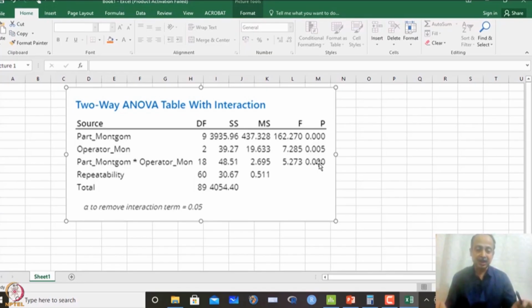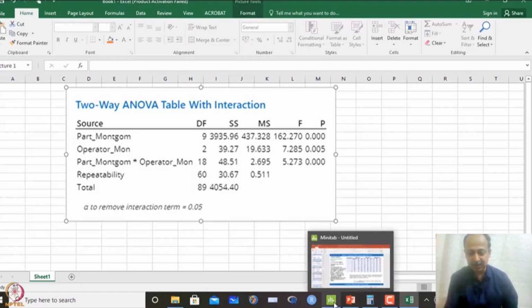Whenever it is less than 0.05, we are concerned about that, but if it is more than 0.05, that is a favorable situation. Similarly, operator p value more than 0.05 is a favorable situation. So, we want part variation to be significant, but these two, operator variation and interaction effect, to be not significant. That is expected, but that is not so over here.